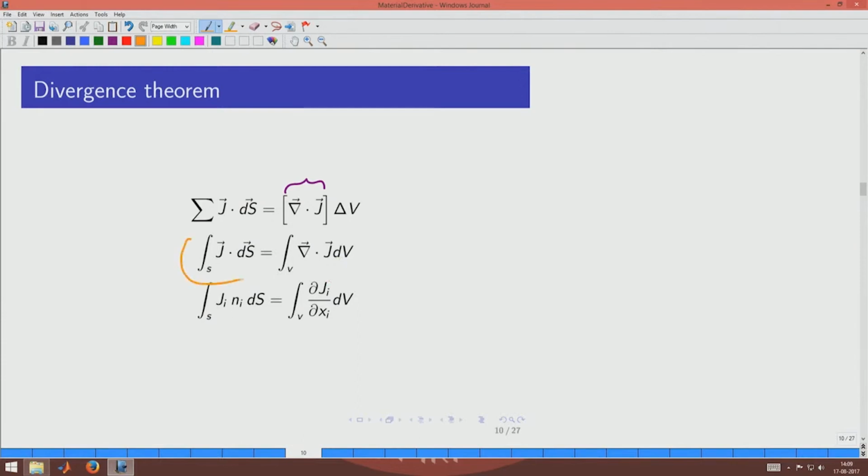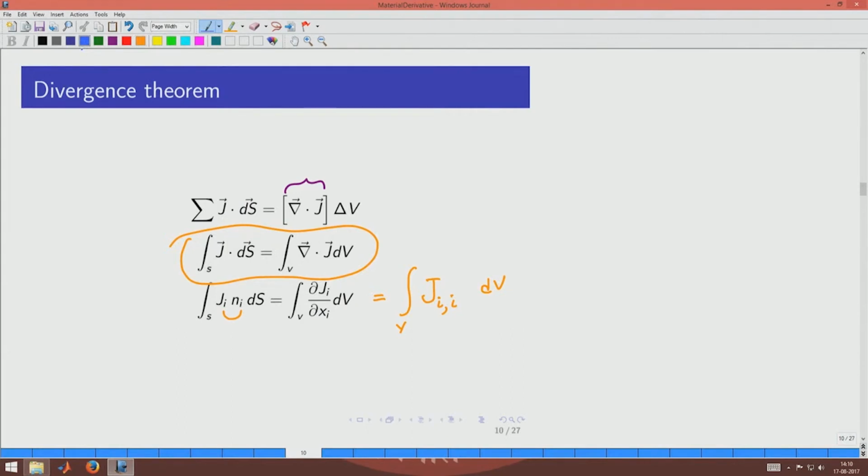So, we now have this coming up directly, and here you can see that what we have actually written is nothing but the divergence theorem, and the same thing expressed with the subscript notation is shown here with the dot product there. So, you have the same subscript that has to be coming up, and nabla dot j would then appear like this. Okay. And if you want, you could also write it in this manner. So, you could write j i comma i dV, okay, in the subscript notation.